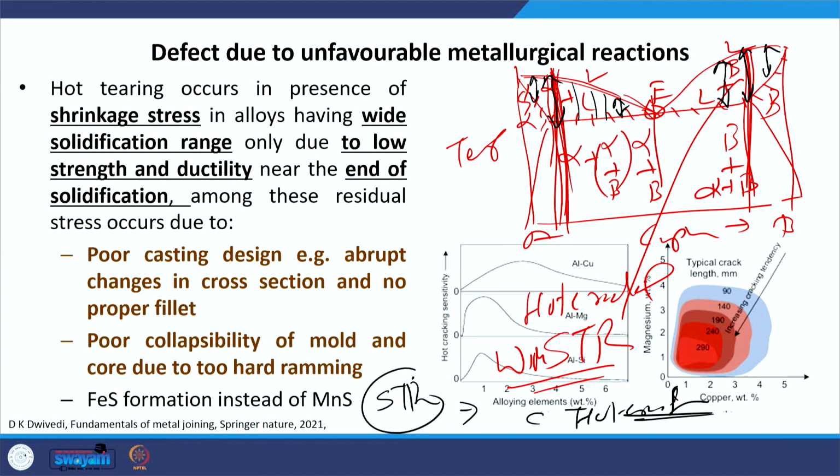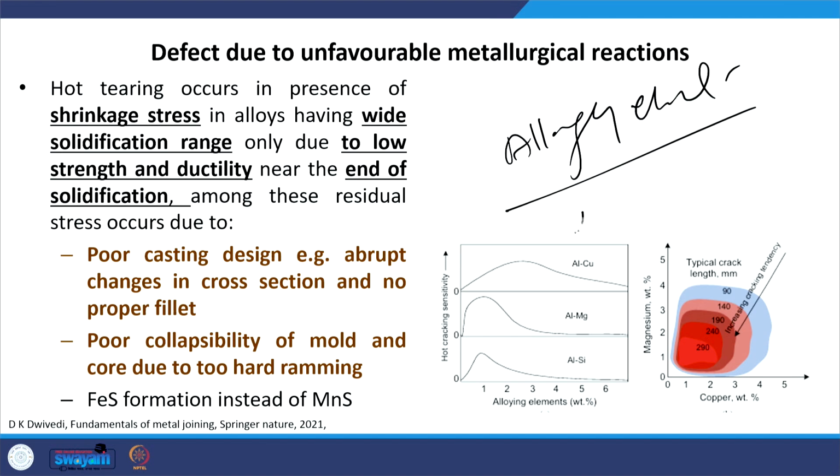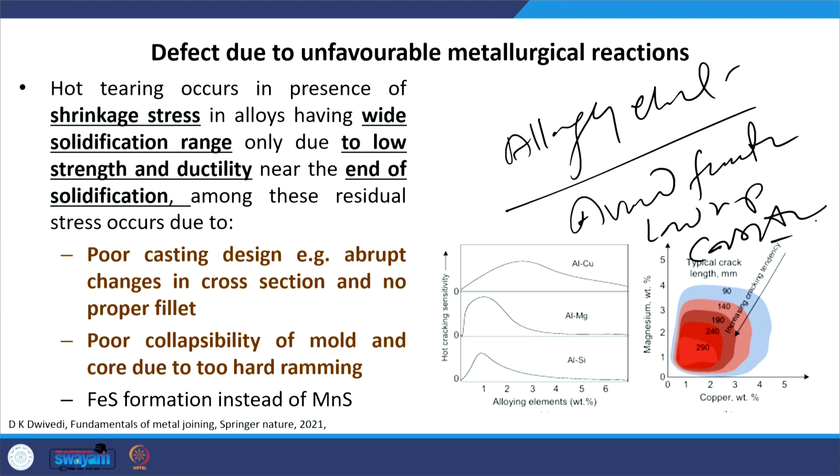This is one way. Another way is to add alloying elements which will help to avoid the formation of low melting point constituents. If this is the case, then the wide solidification temperature range can be reduced, and that in turn will help in reducing the tendency of hot cracking.